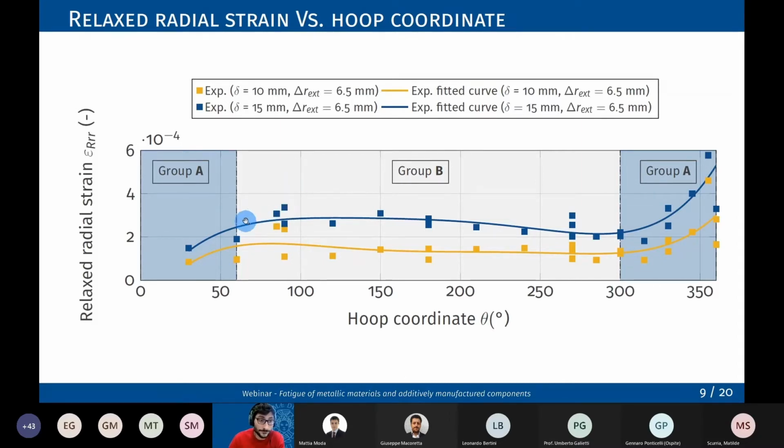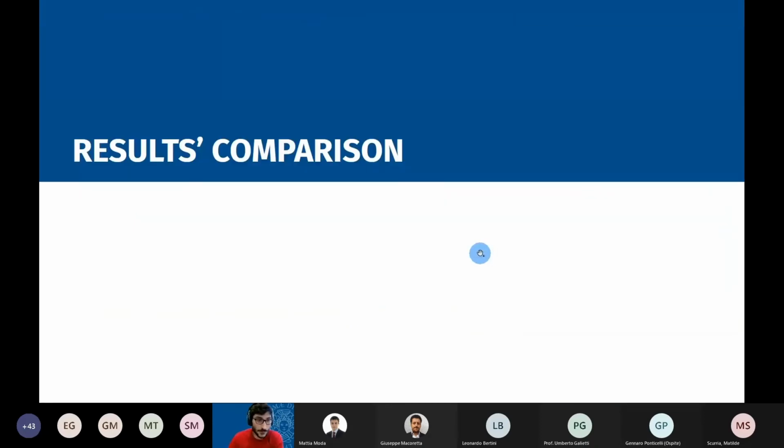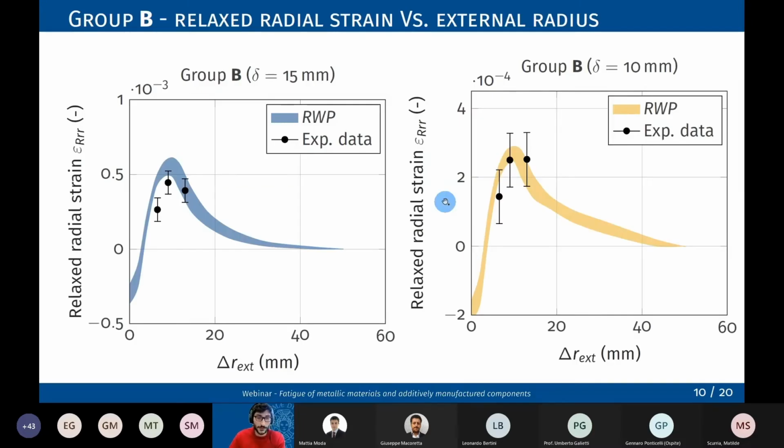Moreover, we evaluated the overall experimental measurement standard deviation, only considering group B in this case, because it's quite difficult to understand what the real standard deviation is really close to the run-in run-out point.